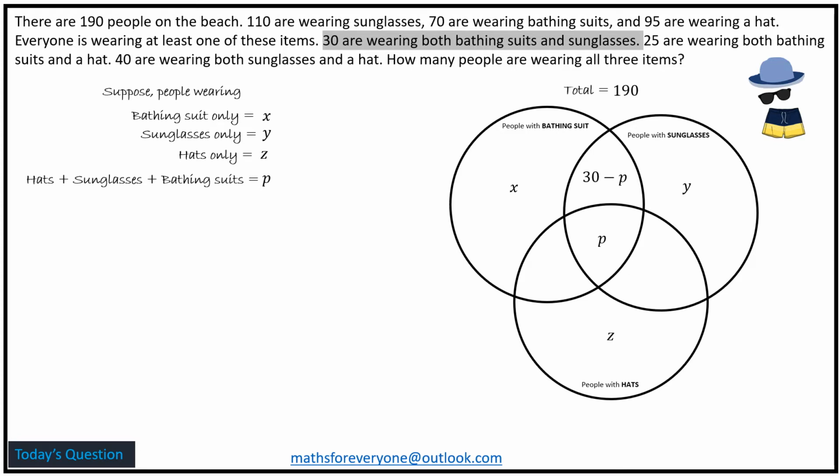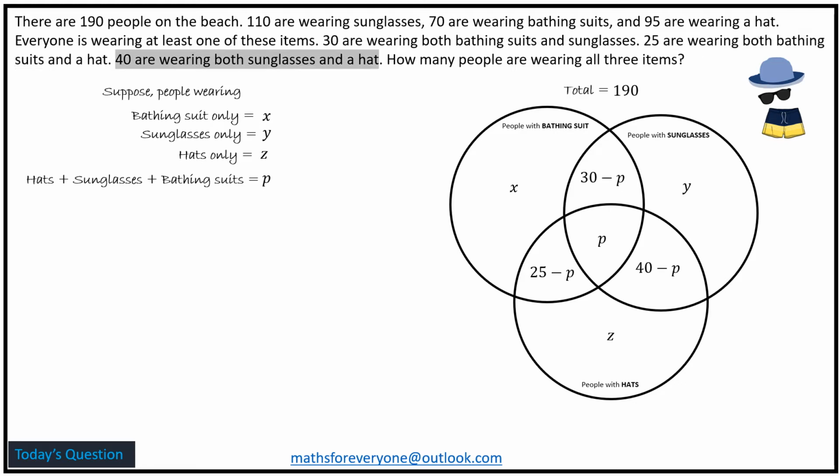Then the next one, we're dealing with people wearing both bathing suit and a hat. So we get 25 minus B as the region that would have bathing suit and hat.